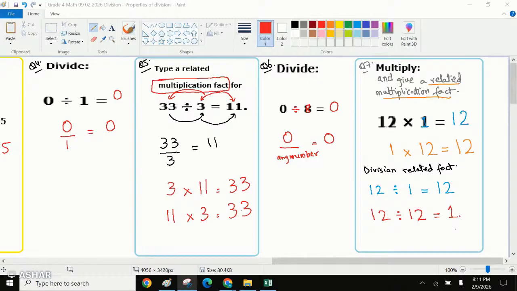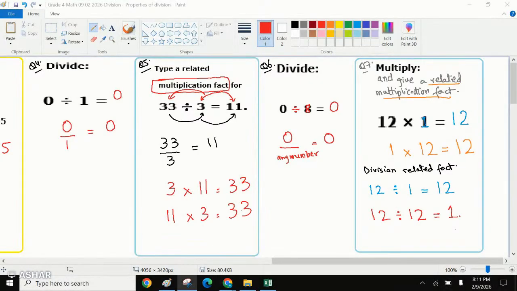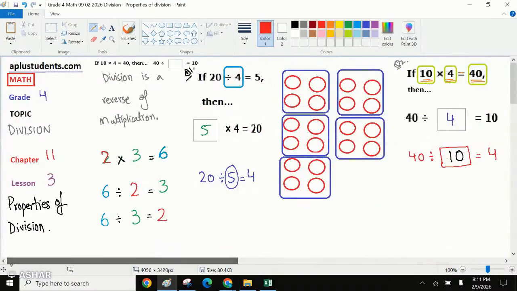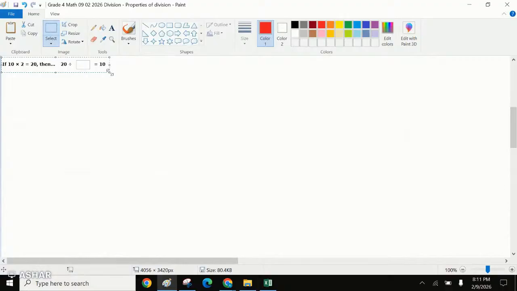Just a moment, please. Let me copy. Let's write the division related facts for question number 8. So for question number 8, they are giving us this information. Then 20 divided by a number should be equal to 10.